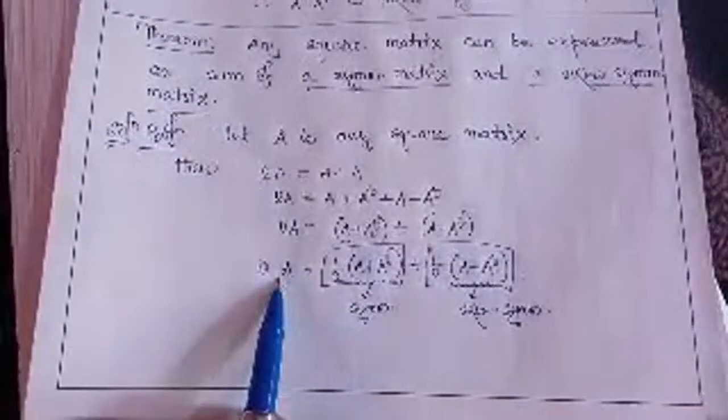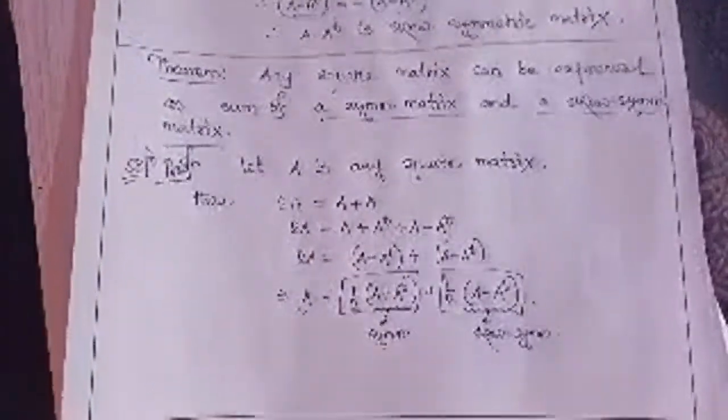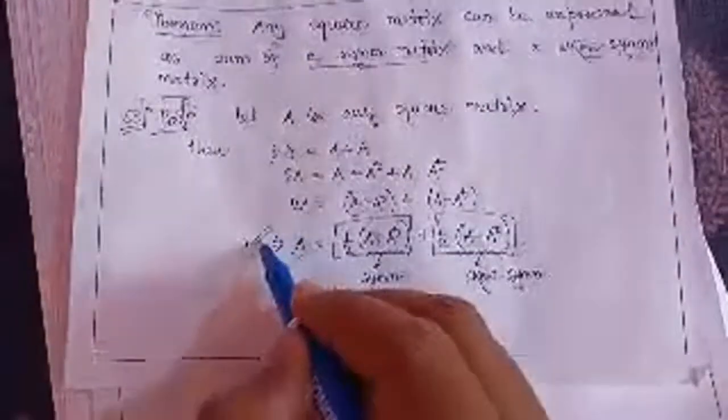So a square matrix can be expressed as the sum of a symmetric matrix plus a skew symmetric matrix. So we have proved the theorem. On the basis of this result, sometimes one question is coming. To solve that problem, we have to memorize this line: A equals half of A plus A transpose plus half of A minus A transpose.